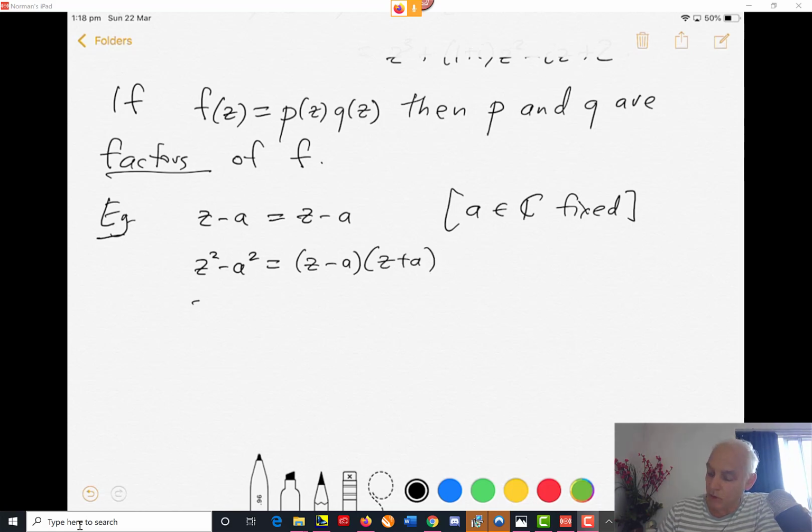What about z cubed minus a cubed? Well, we did talk about this kind of thing in the special case when a was 1. Now it's a little bit more general. So this thing still has a factor of z minus a. And then what's the remaining factor? How do we write that down? Well, the highest power should be z squared, so that z times z squared gives us this z cubed over here.